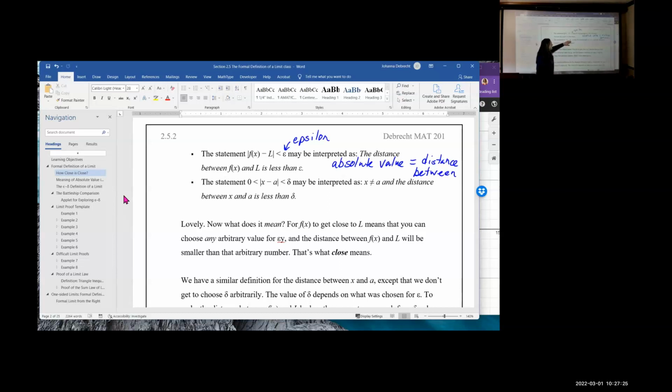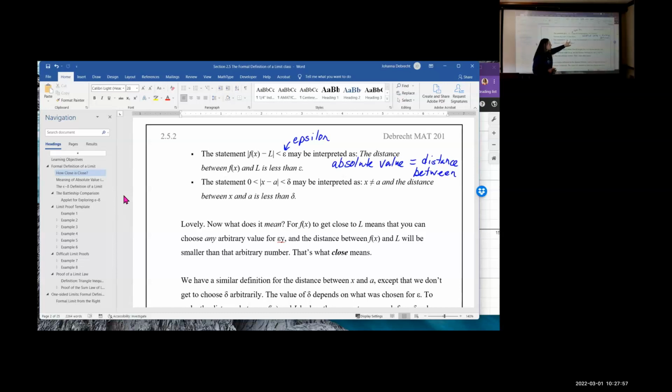So then we look at the next statement, 0 less than the absolute value of x minus a, less than delta. This means that x is not a because the distance is positive. This is important because when you have a hole, you can't actually get to the value. If you get to the value, it's not defined there. So you want to make sure that you're never actually at the point. So you guarantee that by saying their distance apart is bigger than 0.